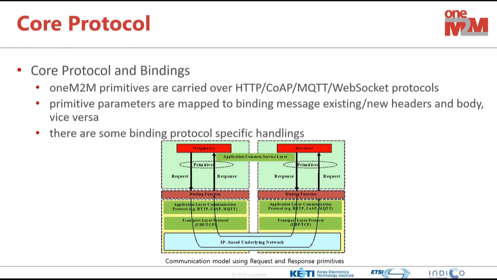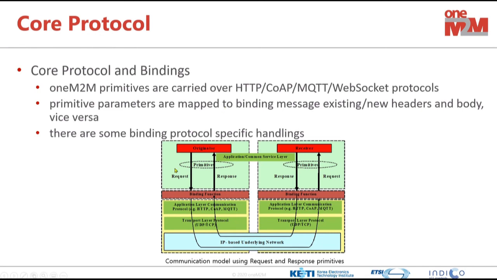And this is the conceptual picture, but this is somehow important. So in oneM2M, we defined a oneM2M level protocol, but in reality, the oneM2M messages are sent over other protocol messages, like application layer protocols like HTTP, CoAP, MQTT, WebSocket, like that.